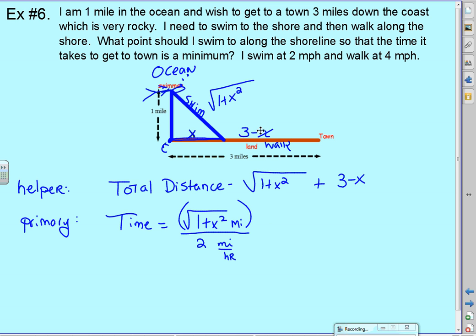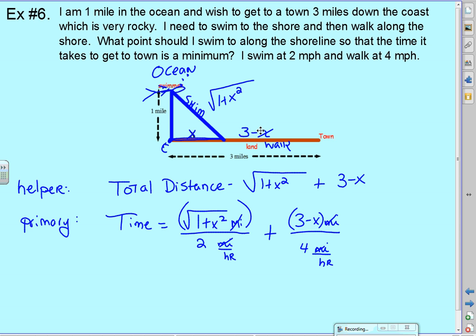Notice the miles will cancel, leaving us just a time amount, hours, plus 3 minus x, this will be in miles, divided by 4 miles per hour. And once again, you're going to see your miles canceling and the hours will flip over and be a numerator value. So there we have time all structured out for us.